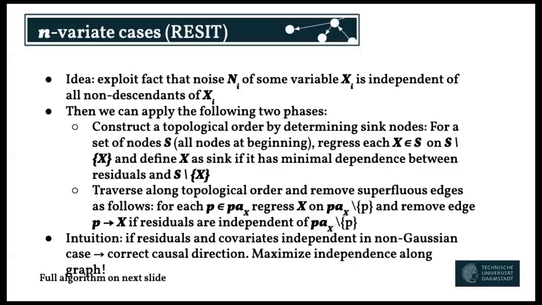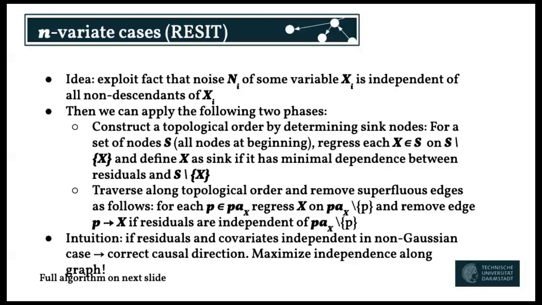And you do this until your set of nodes S is empty. So you have then this topological order. And in the second phase, you can traverse along this topological order. And we are guaranteed to have such an order because we have acyclicity still assumed, right? And we then can try to remove edges that are not needed.